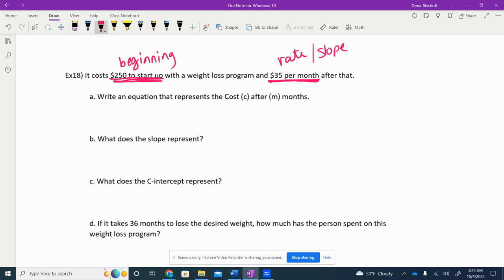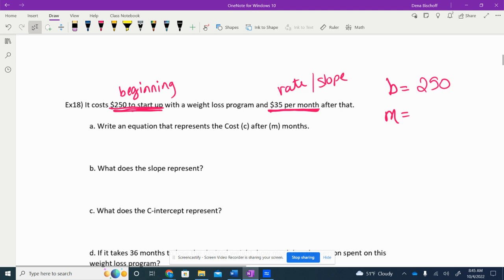Do you guys see how that word per comes in? So what is my initial value, my B, and what is my slope, my M? 250, and then my slope is 35.